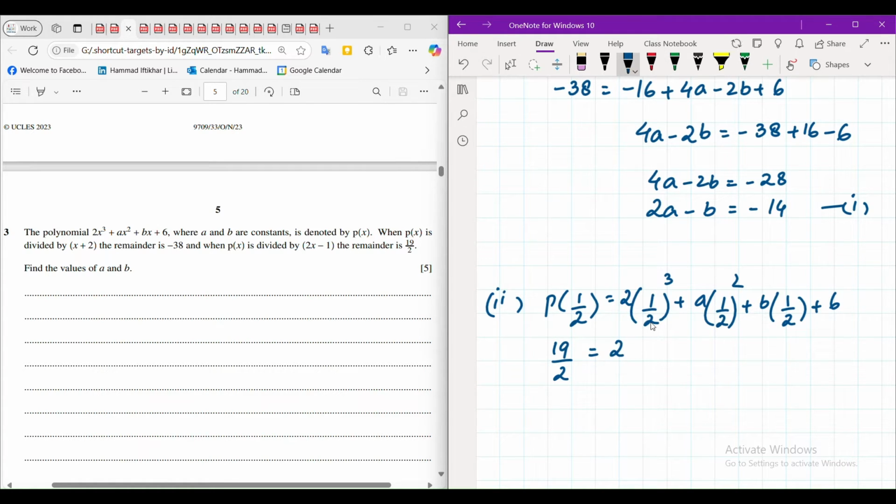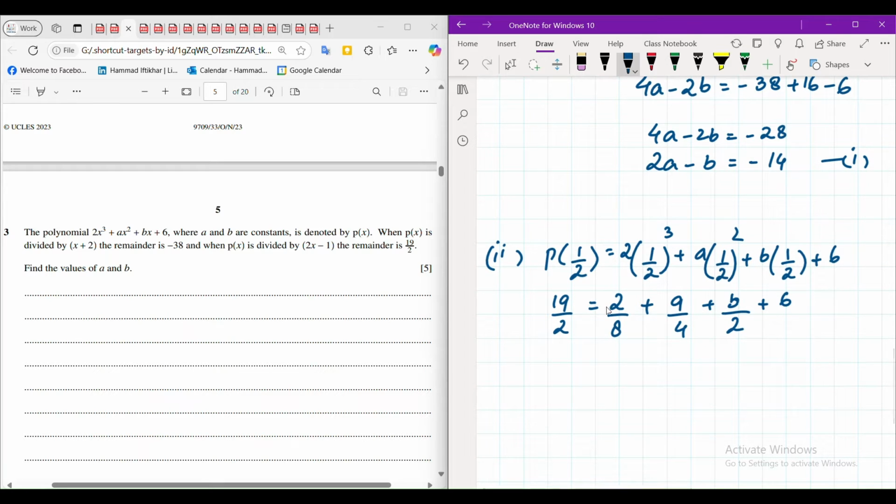So 1 over 2 cubed is 1 over 8, so 2 over 8, plus a over 4 plus b over 2 plus 6. 2 over 8 is 1 over 4. So 1 over 4 plus a over 4 plus 2b over 4 plus 6 times 4, 24 over 4.